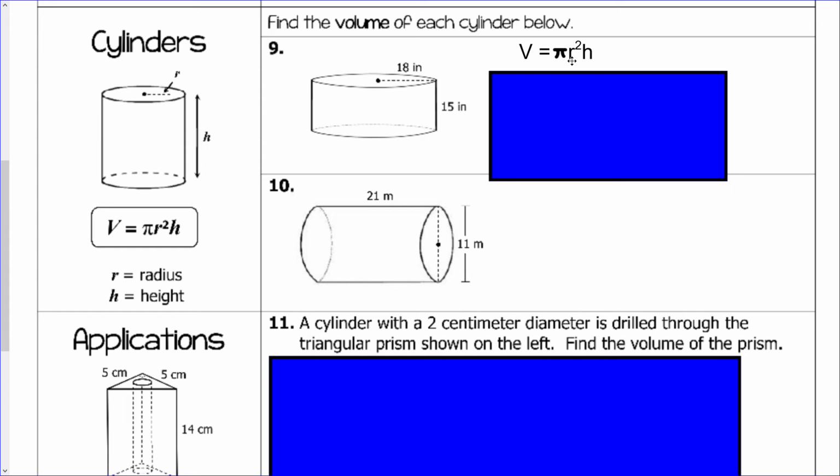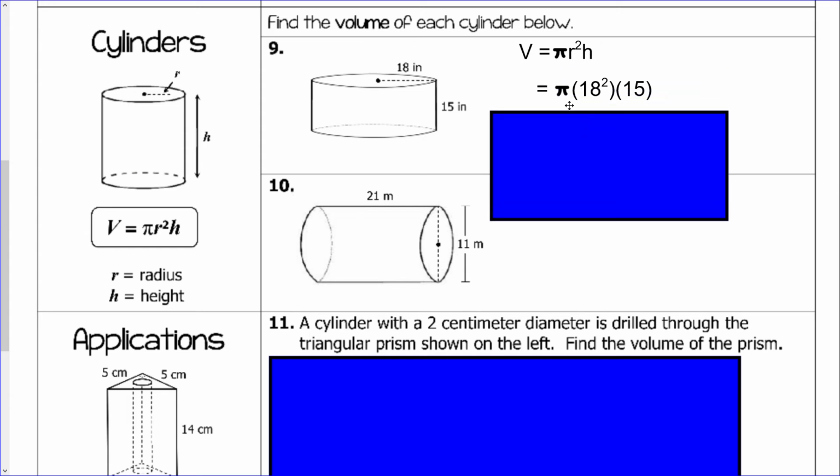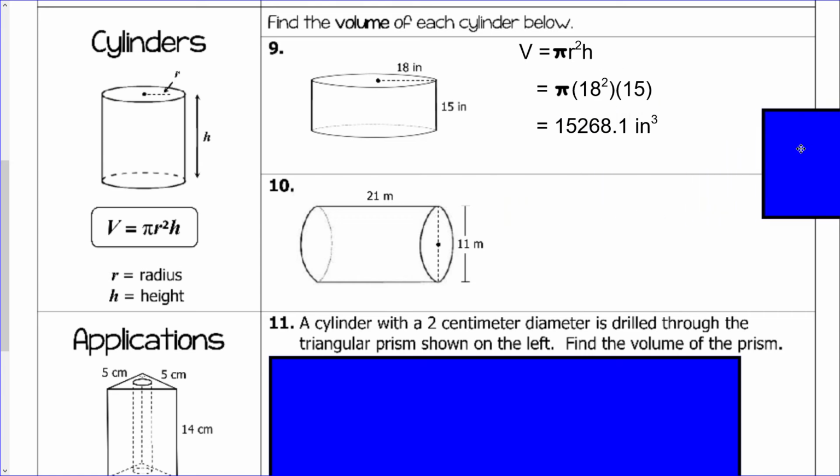Remember again, if you don't see signs in between, it means it's multiplying. So pi times 18 squared times 15 should get us, rounding a little bit, 15,268.1 cubic inches. Okay, or inches cubed, or inches to the exponent 3, or whatever you would like to say. It all works as long as you write it like that.